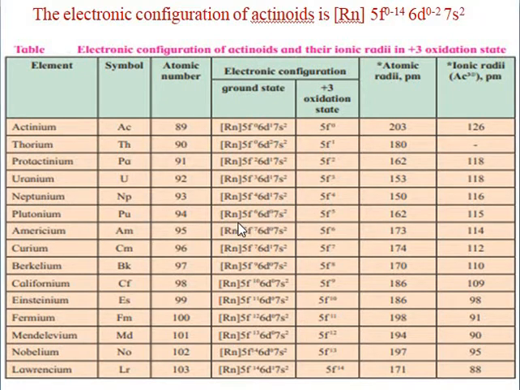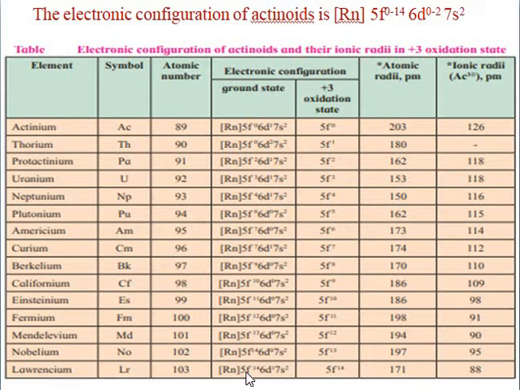After plutonium, there is 5f6, 6d0, 7s2. The last electron enters the f orbital in the case of americium, and lastly the lawrencium electron configuration is radon 5f14, 6d1, 7s2.